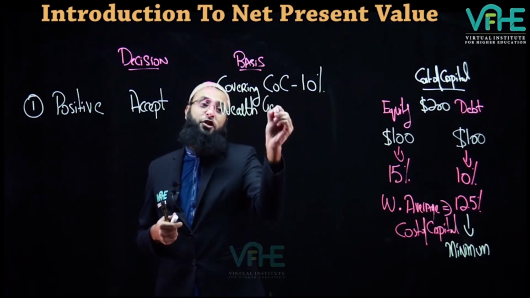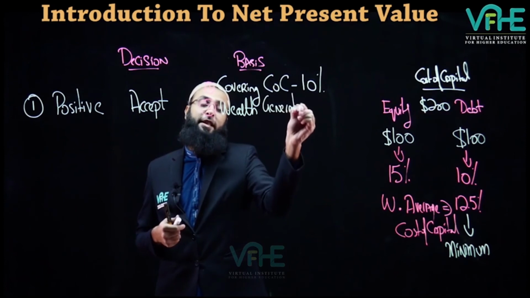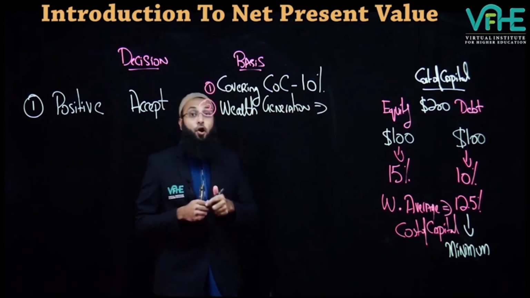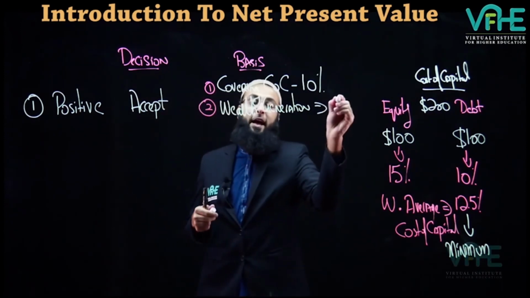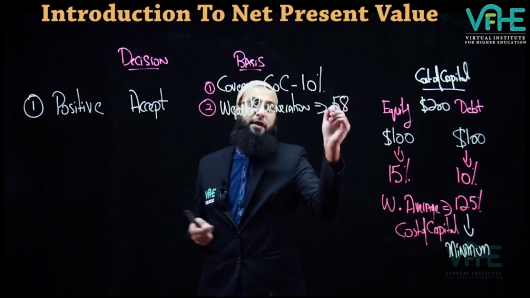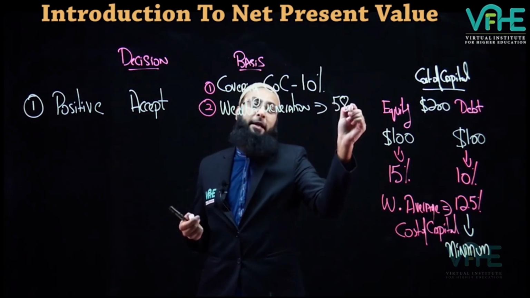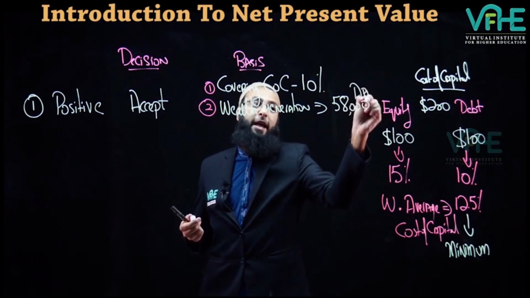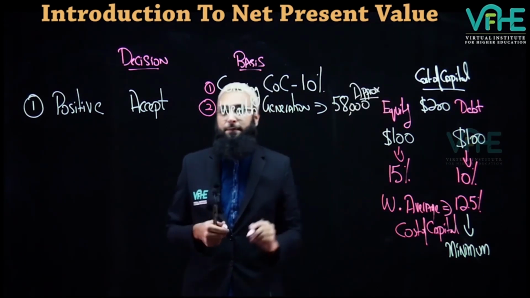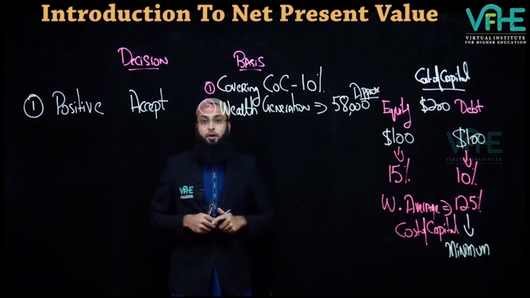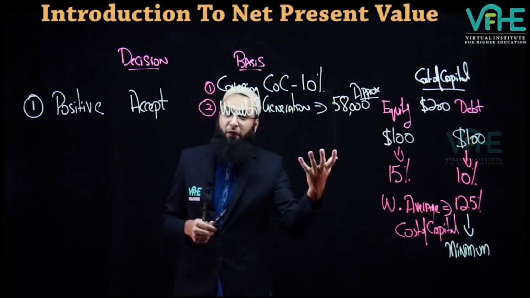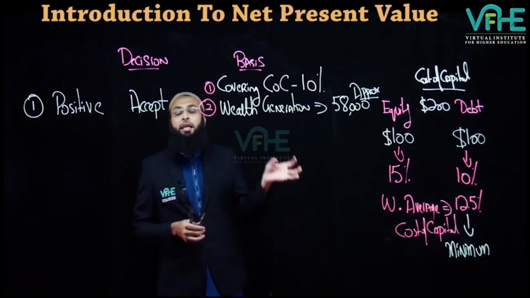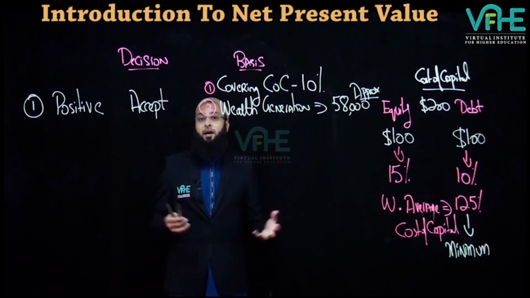And this wealth generation means that shareholder wealth is increasing, by the amount of 58,000, if I use that previous question. Approximately it's 58,000 by which the NPV came positive. If I round this off to thousands, it's 58,000. Approximately the NPV is positive by 58,000 or 59,000.